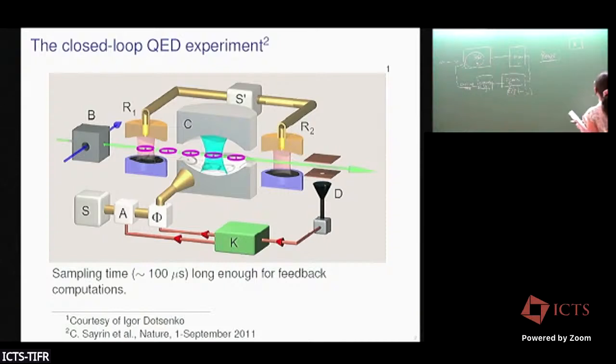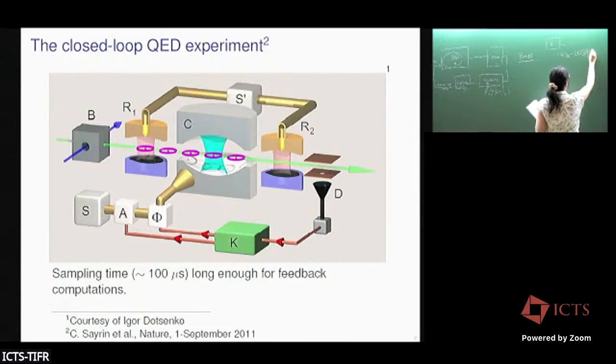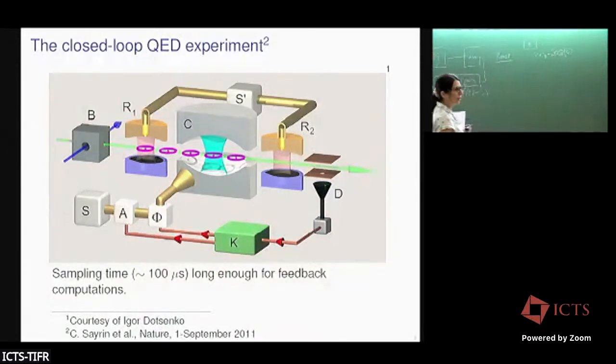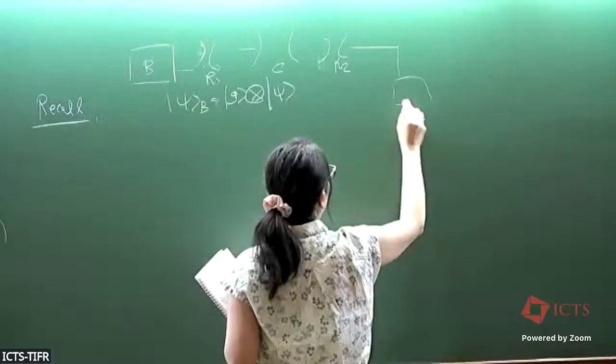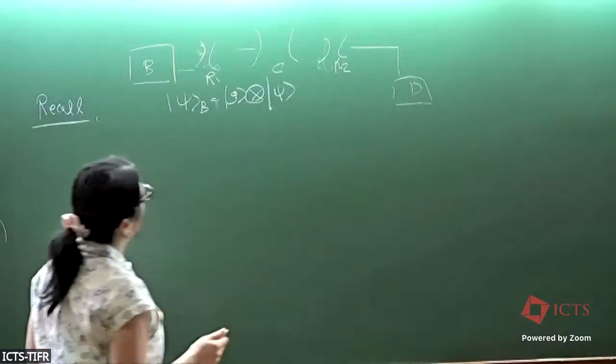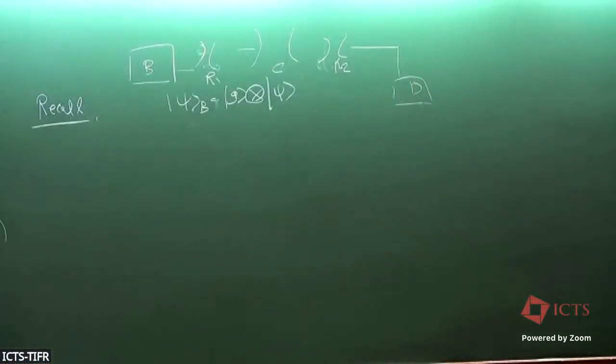You suppose that your composite state is a tensor product of g and of your harmonic oscillator state psi. Then you have a Ramsey zone R1, and then a cavity C, then R2, and then you have the detector. So we will see how you can obtain your measurement.